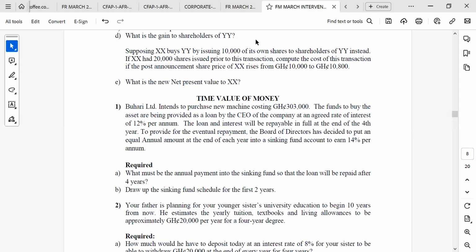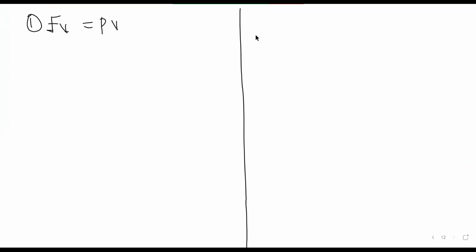So what we do is we first of all have to find the amount that we'll be paying in 4 years' time. So we now find the future value of the amount that you'll be paying. That will be present value times (1 plus r) exponent n.